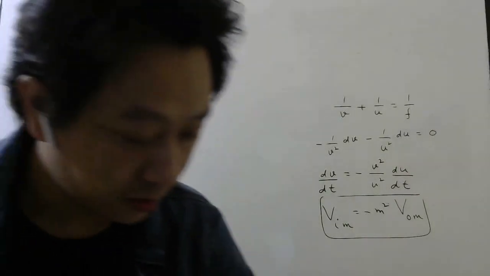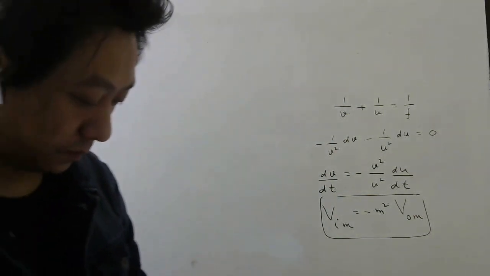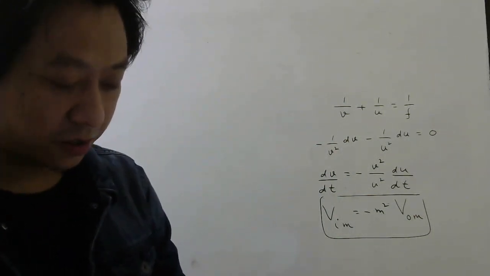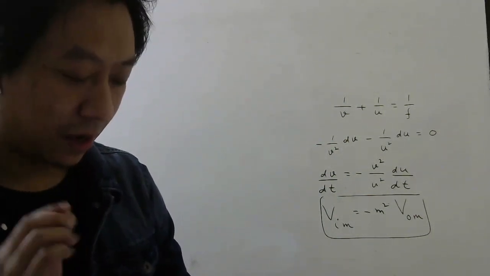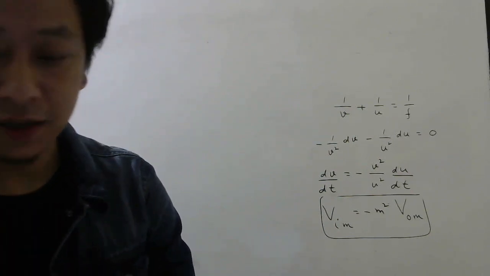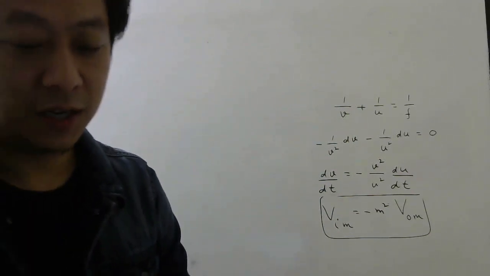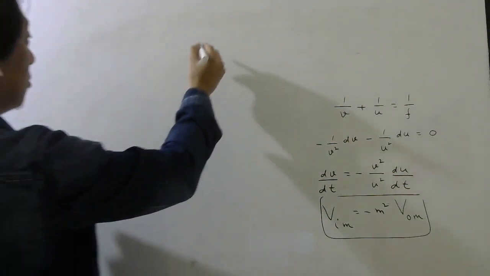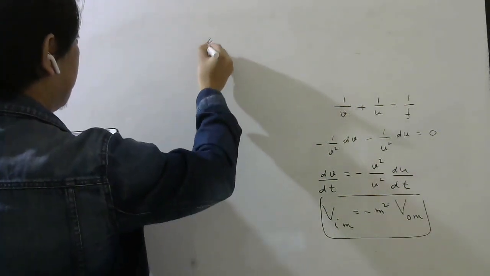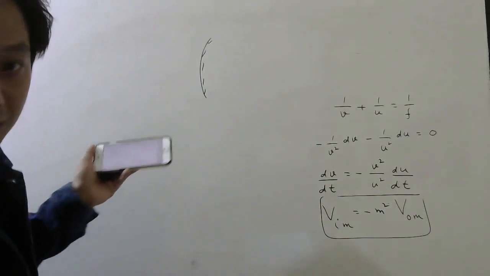So next question, let us see what they are asking. Find the velocity of image at an instant as shown in the diagram. So there is a convex mirror.